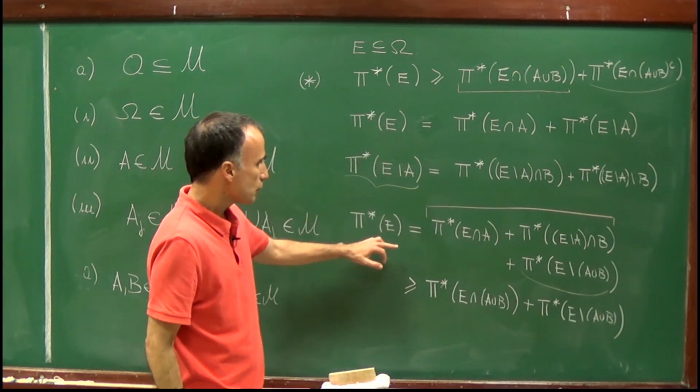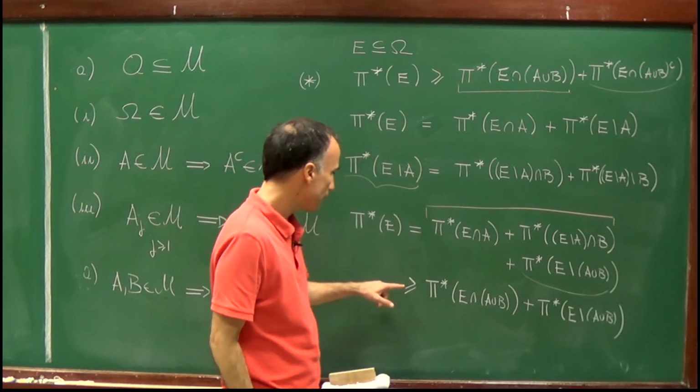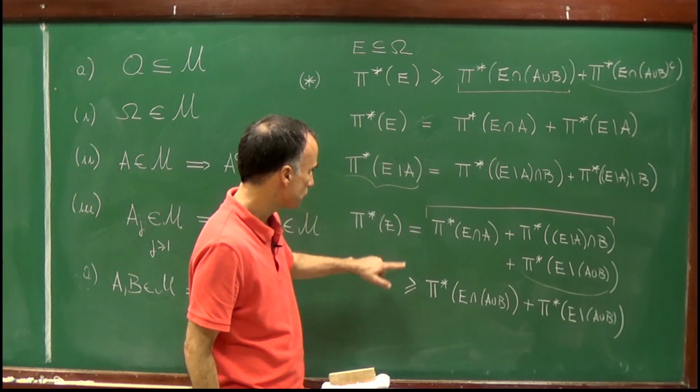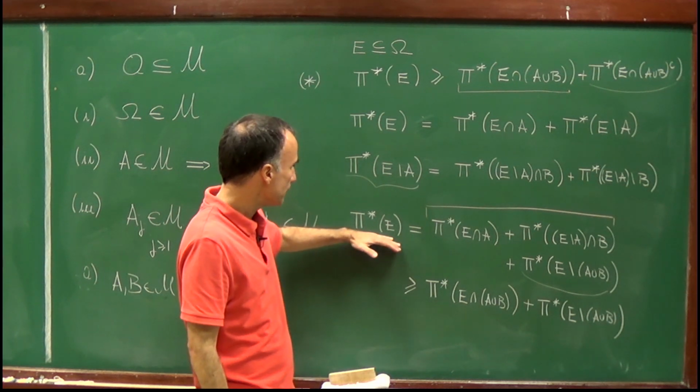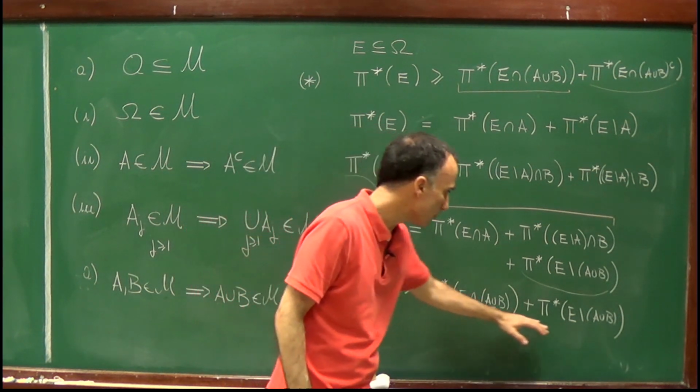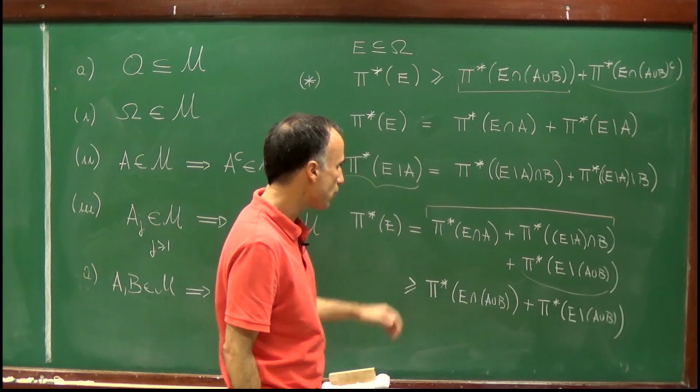So if we are able to prove this inequality, we would have proven that P star phi is greater or equal than the sum, which is exactly what we want.